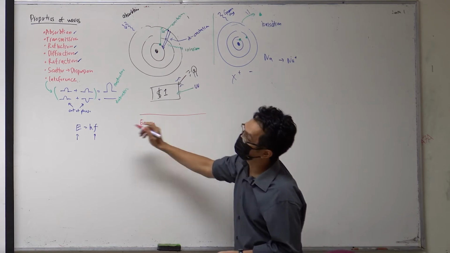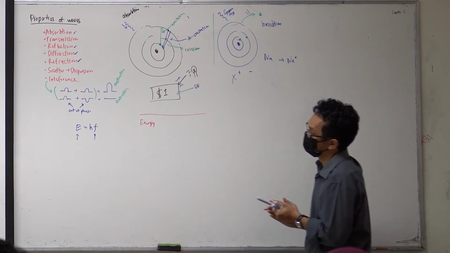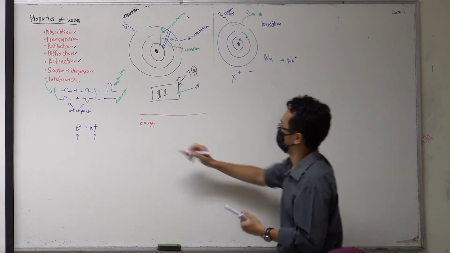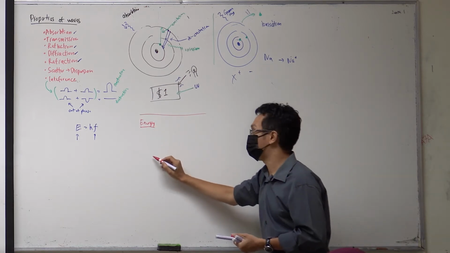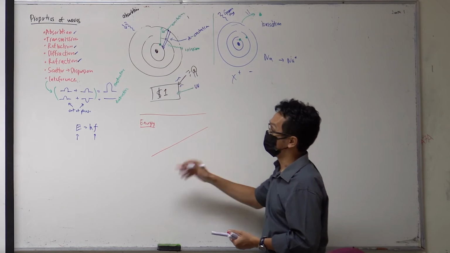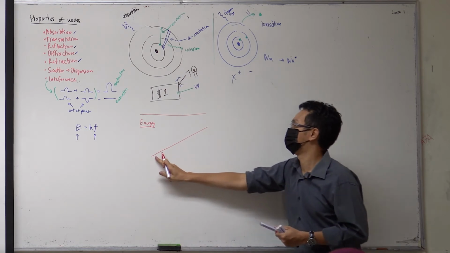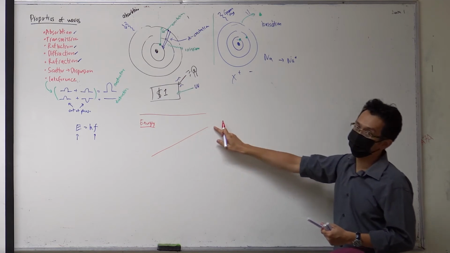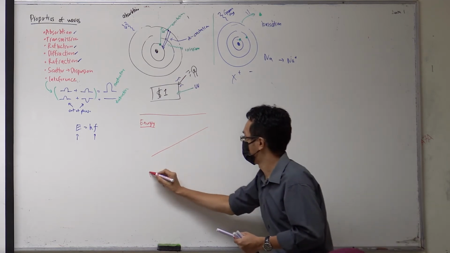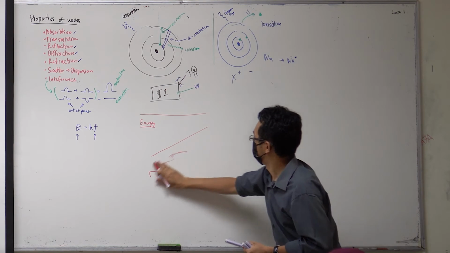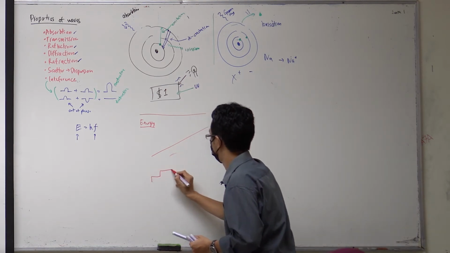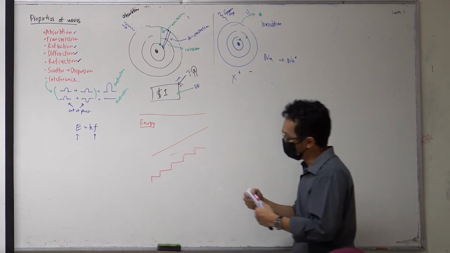Energy matters because later on when we go to the nano scale, this thing happens. When we talk about energy, you don't view it like this. Let's say you increase the energy, it doesn't go gradually and continuously like this. Rather, it goes like this, like a stair.